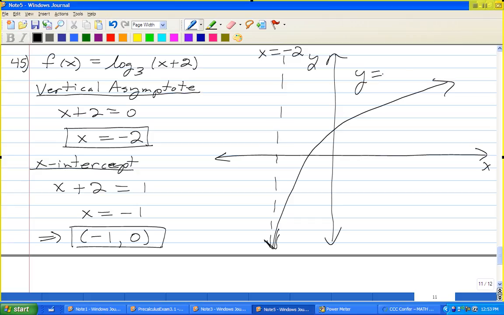This is a graph of y equaling log base 3 of x plus 2. It intersects here at (-1, 0). At 1, it's 1. At 7, it's 2.